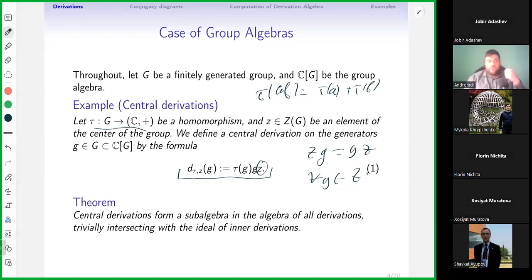For example, you give a norm there, and you look at it as a Banach space. Then derivations which are not inner, for example, central derivations, turn out to be unbounded. So that's why that happens.